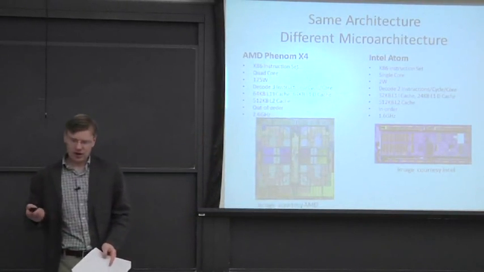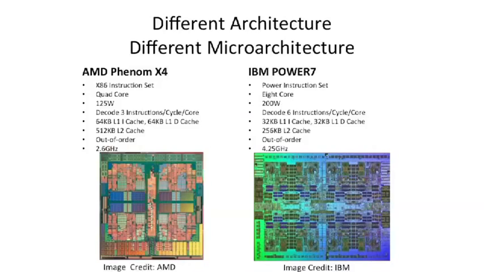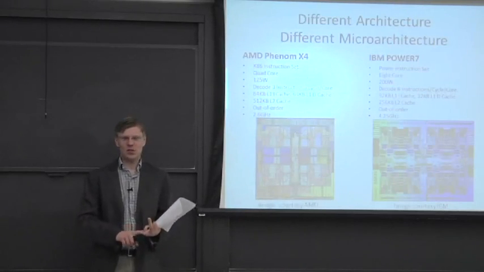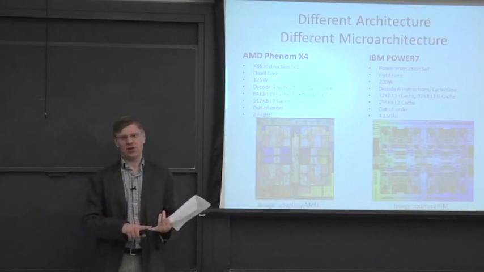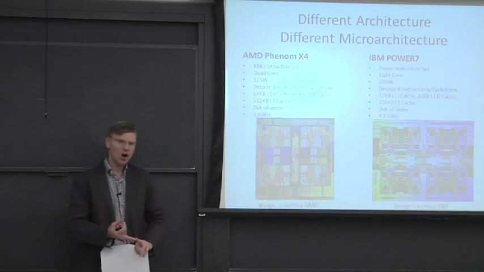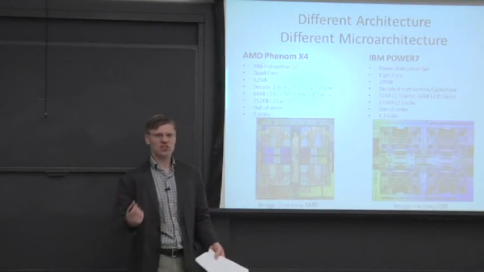And I wanted to contrast this with different architecture, or different big A architecture, and different microarchitecture. So if we think about some different examples of instruction set architectures, there's x86, there's PowerPC, there's IBM 360, there's Alpha, there's ARM. You've probably heard all these different names, and these are different instruction set architectures.